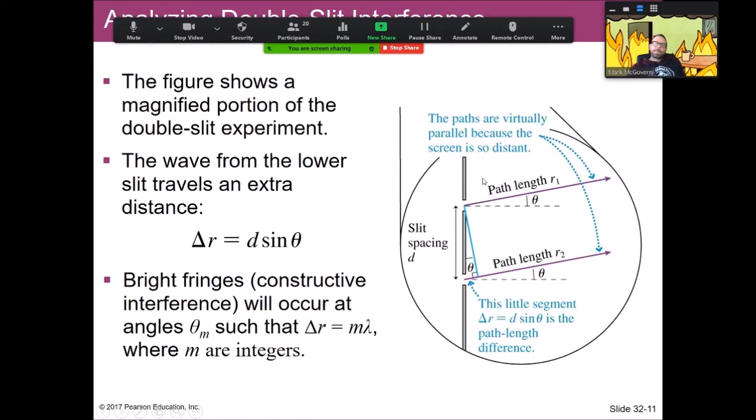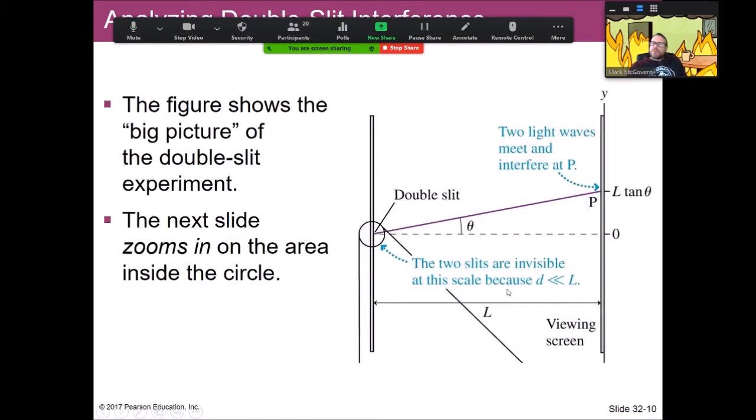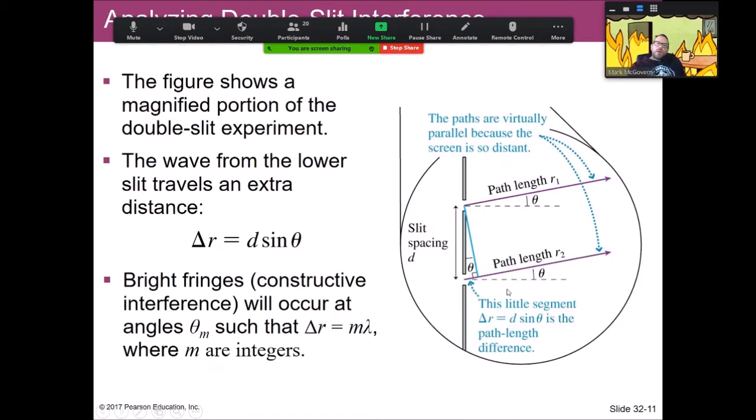Okay. Now, let's zoom in on that double slit. Our slit spacing we're going to call d, okay? And so what happens is we have a path of light coming out the top here, and it moves along that angle that we have specified, and it hits the screen there. Traveling down a bit to the slit spacing, you can see we can make a triangle here, where the hypotenuse of the triangle is the slit spacing.